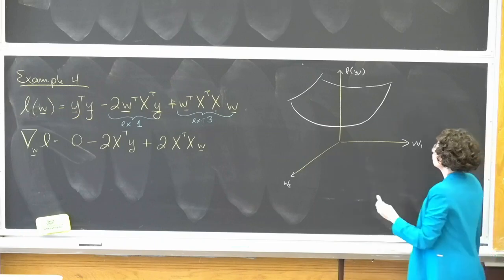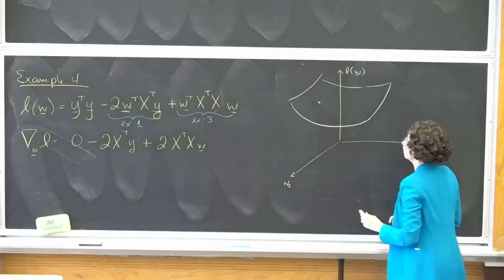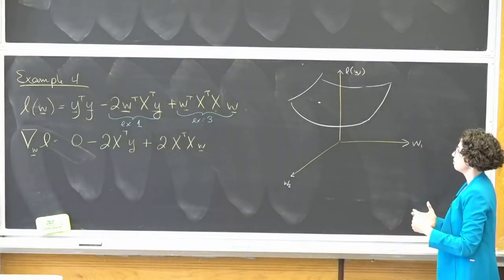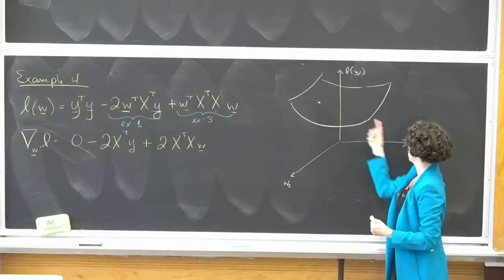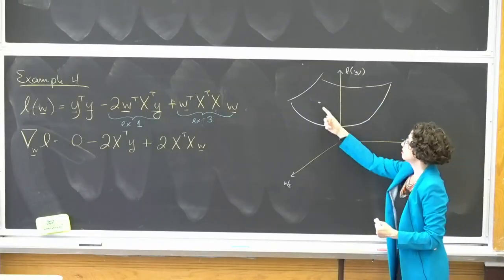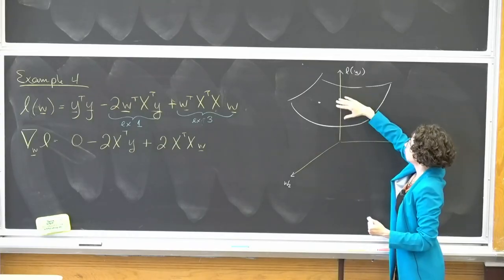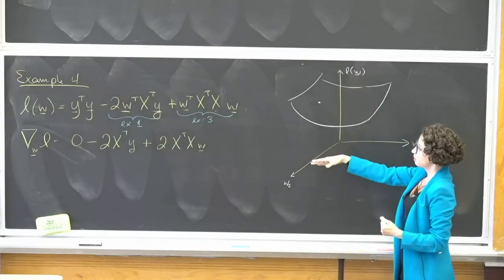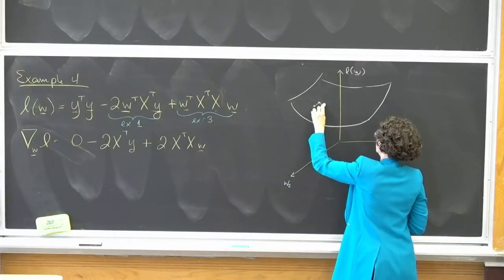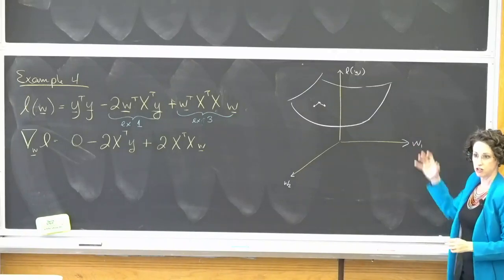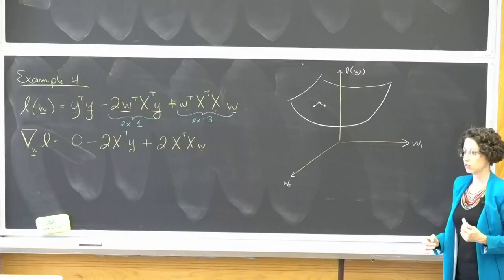Imagine that I'm at a point here, and I want to compute the gradient. The gradient is telling me, how is this loss changing in the W1 direction? And then separately, how is it changing in the W2 direction? So even though the loss only has a scalar value, the gradient is telling me how quickly it's changing in each of the different directions that the function depends on. Great question. Any other questions?